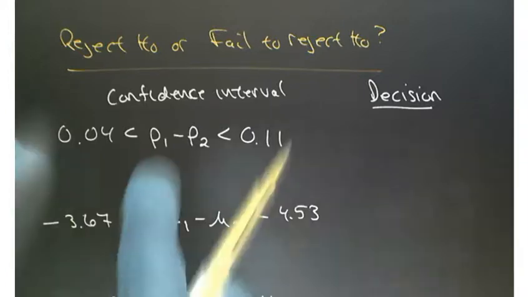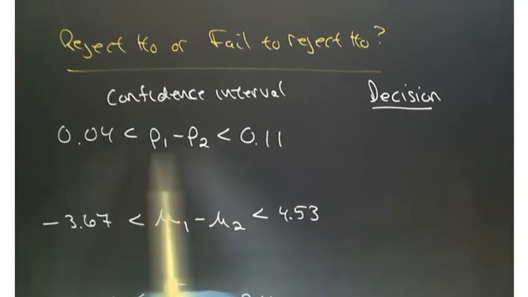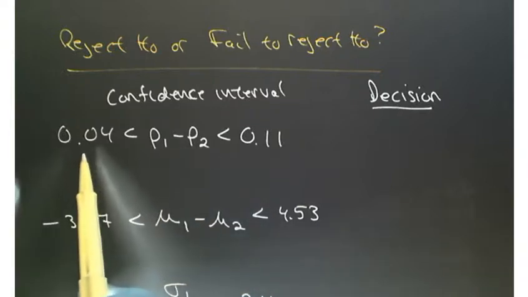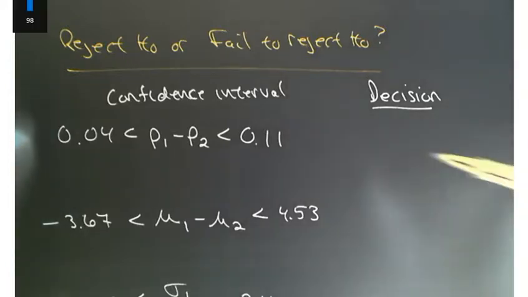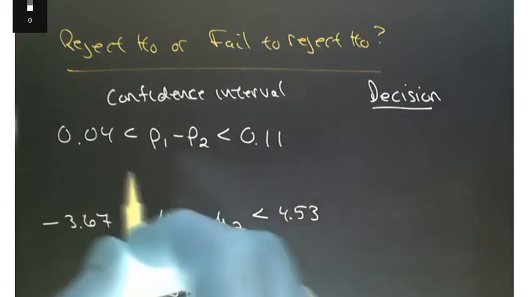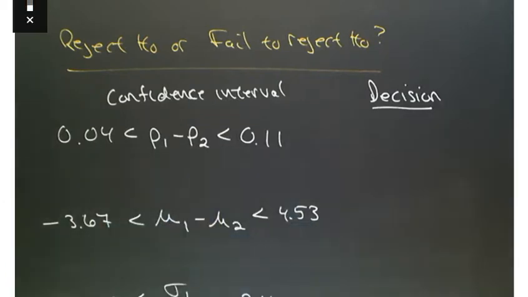So in the case of this one, the difference between two population proportions, if you had a confidence interval between 4% and 11%, what would that say about your null hypothesis? Are you going to fail to reject H naught or reject H naught? What do you think? Well, the important number that's not here is what? 0.